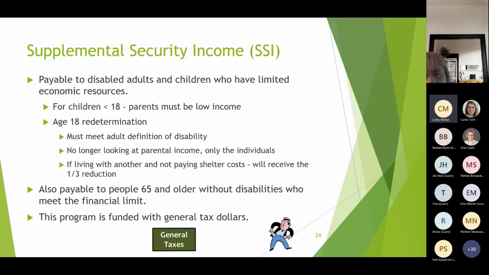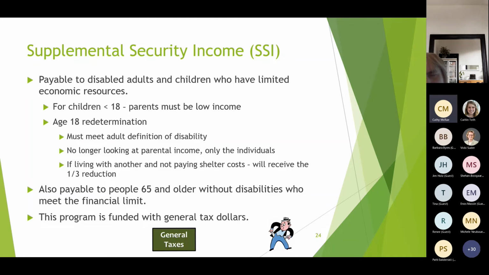So supplemental security income is payable to disabled adults and to children who have limited economic resources. For folks who are under the age of 18, their parents have to be low income. But once you turn 18, they're going to do a redetermination if you were receiving SSI as a child. If not, you'll apply at the age of 18. And then you have to meet the adult definition of disability. And they are no longer going to be looking at the parent's income.